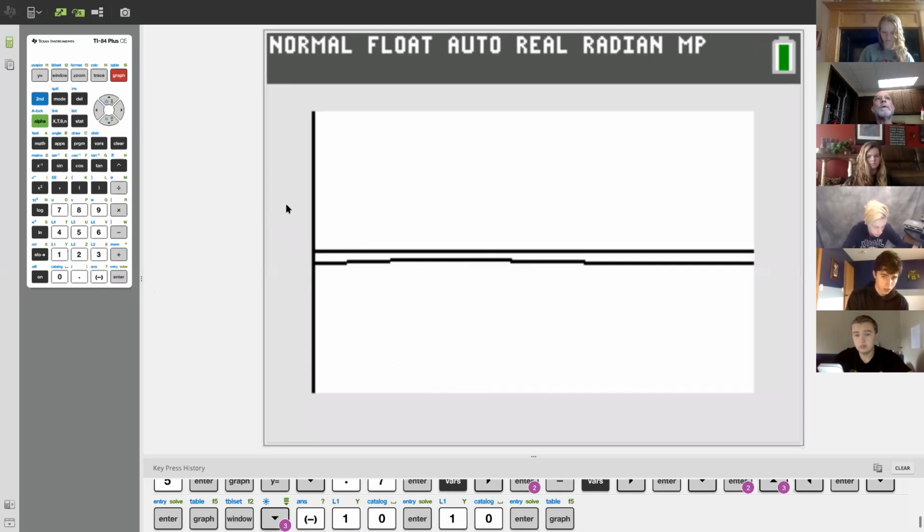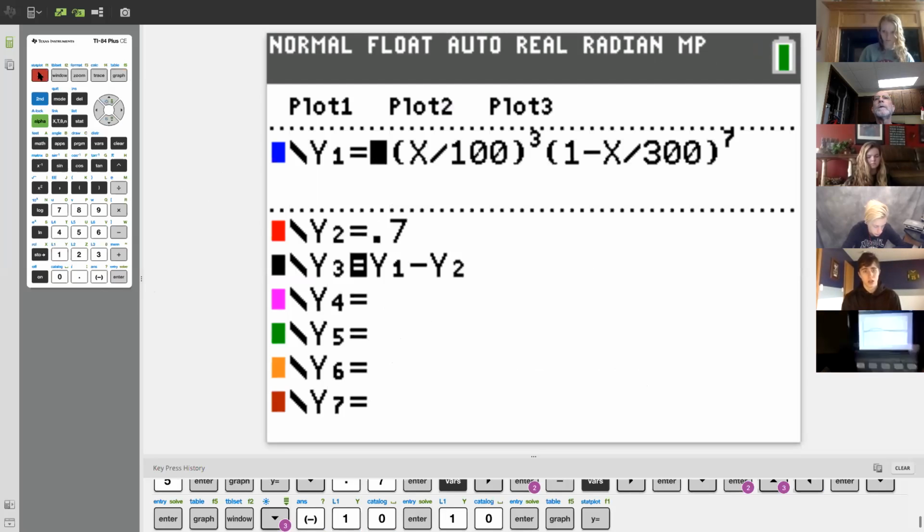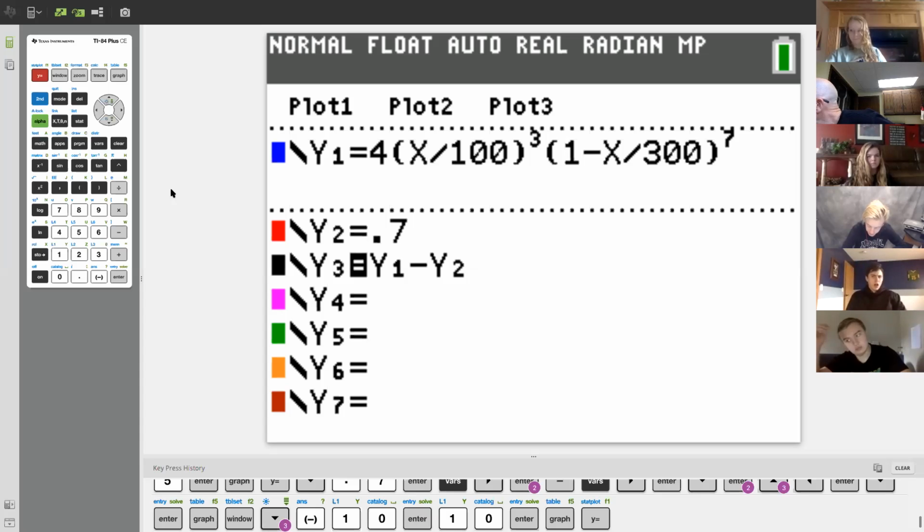There's something wrong, don't you think? That doesn't look right. Isn't that supposed to be 44 for Y1? It might be. Yeah, I would say 44 makes a big difference.